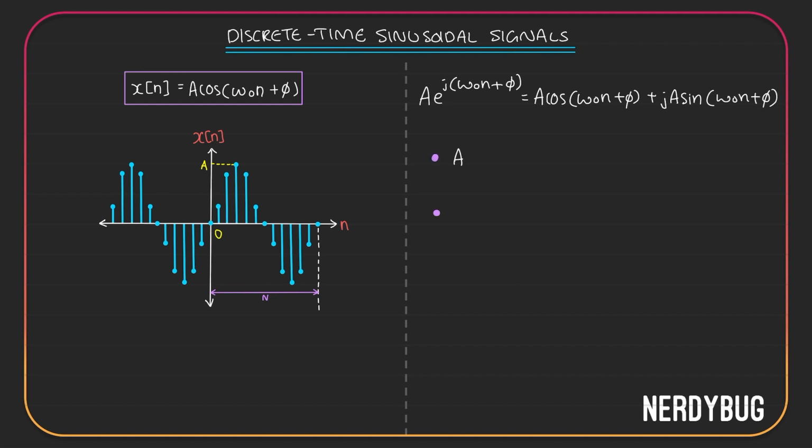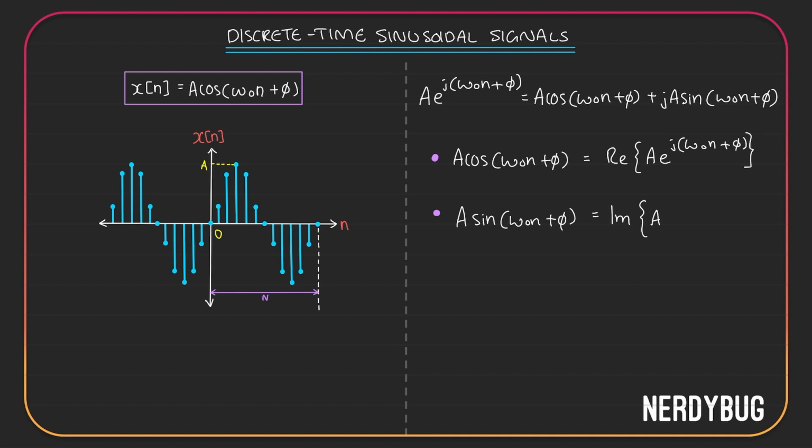So that means A cos(omega naught n plus phi) is just the real part of A e raised to j(omega naught n plus phi). Similarly, A sin(omega naught n plus phi) will be the imaginary part of A e raised to j(omega naught n plus phi).